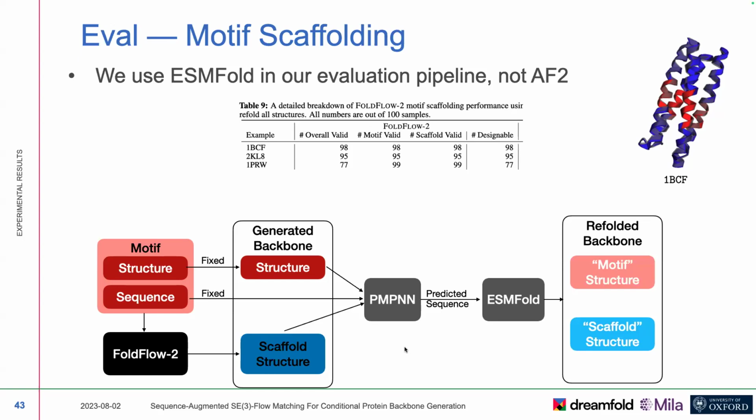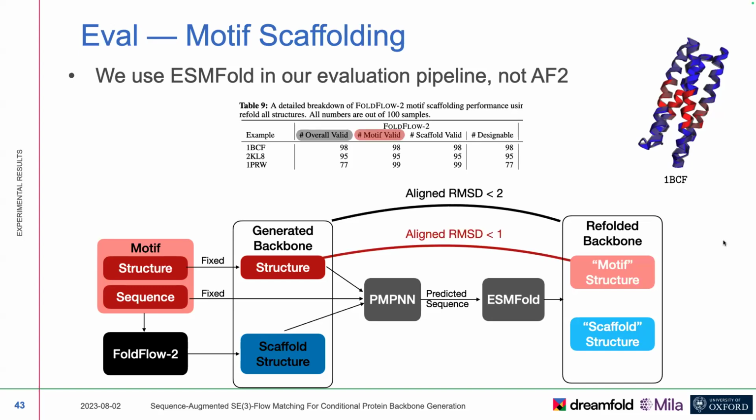And then you have this refolded backbone, which has a motif region and a scaffold region. And then the first thing you want to know, in this first column, is whether the overall generated backbone is valid or designable. And then if that's true, you also want to know, is the motif respected in the generation?